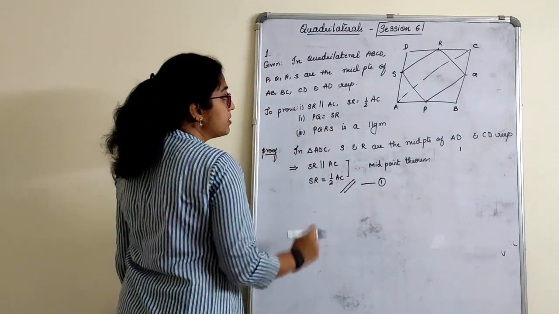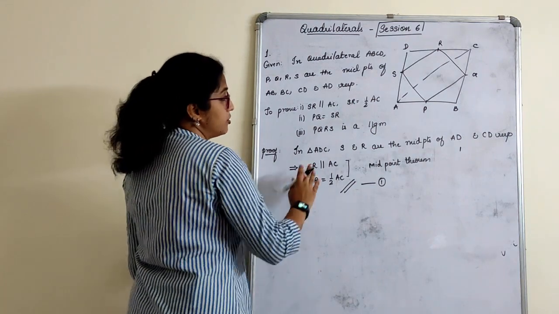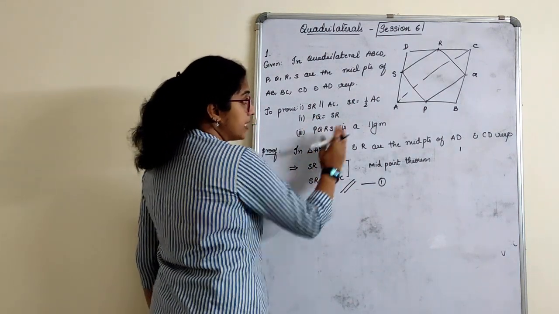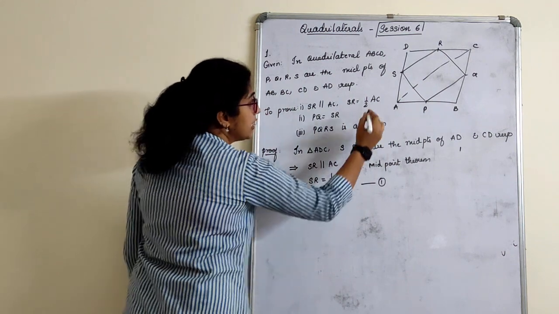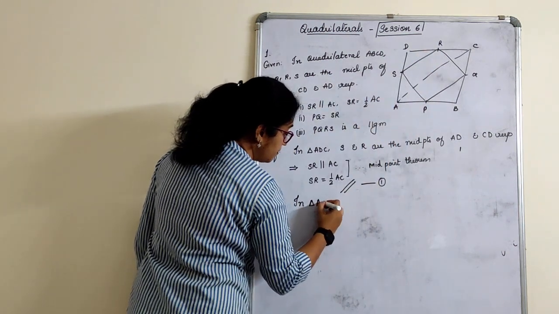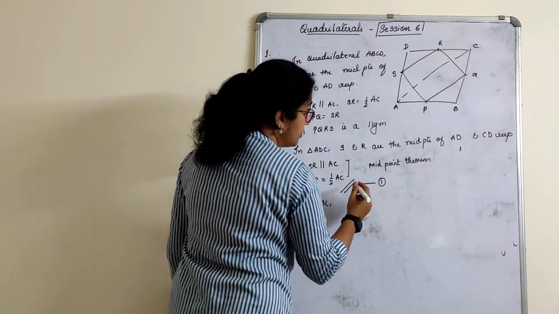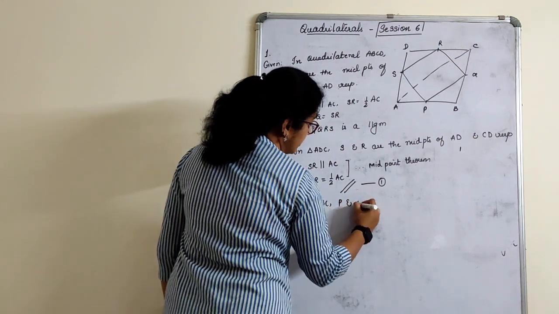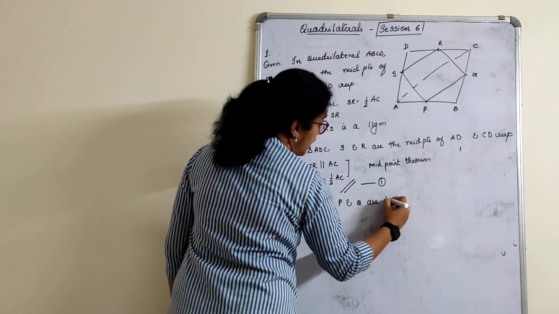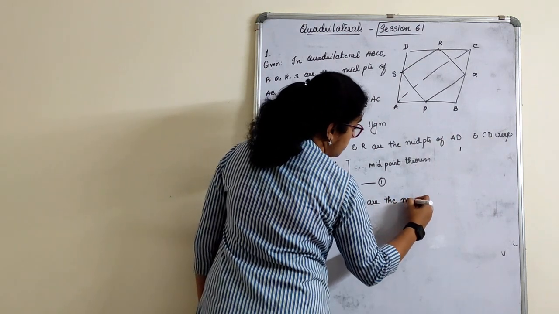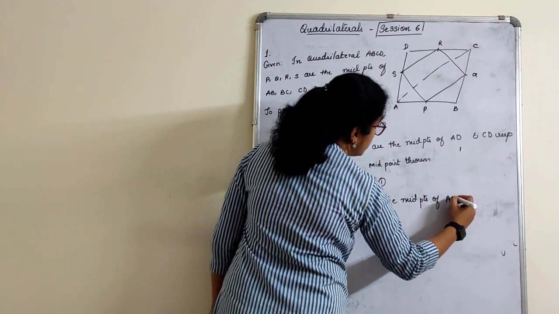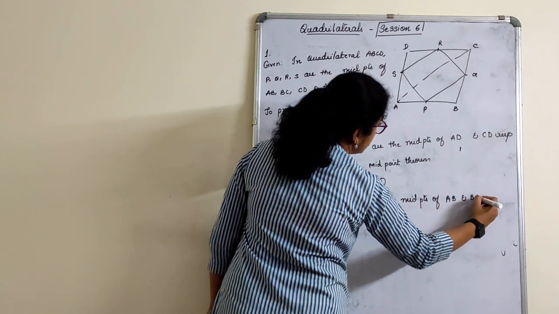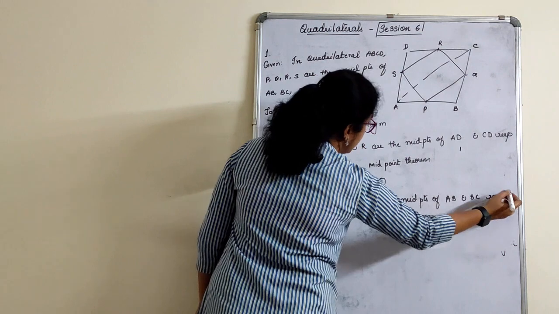Next, PQ is equal to SR we have to prove, right? So what we will do, we'll apply the same thing to the other triangle. That is in triangle ABC. I will tell now here P and Q are the midpoints of AB and BC respectively.